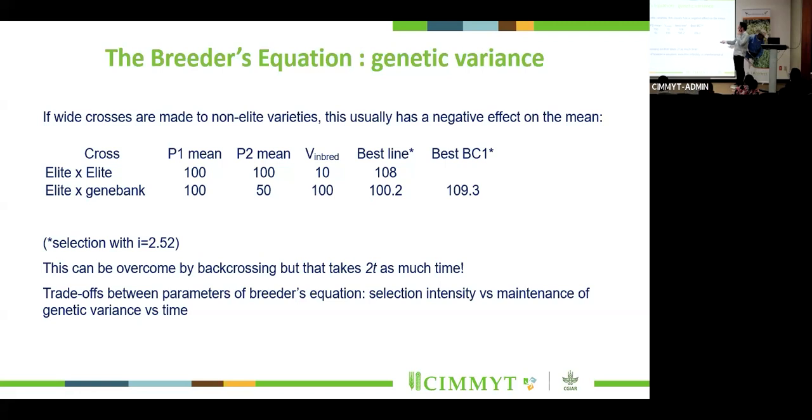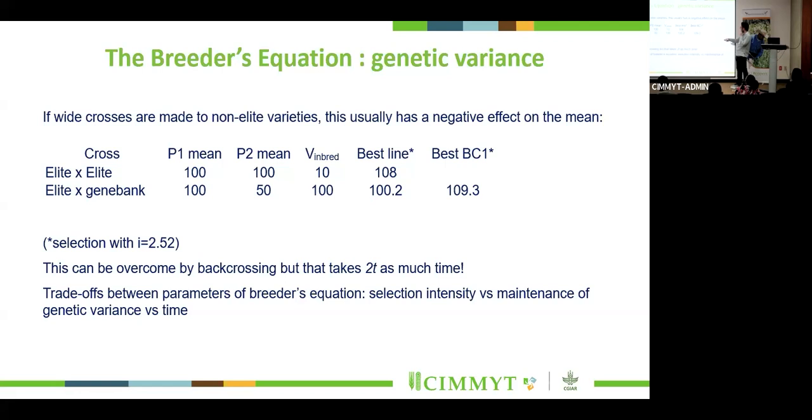The mean is 100, and then the gene bank one is half as high, but there's much more variance in this cross. Okay? So if you just make one cross, the best line you can get out using the breeder's equation with these numbers is going to be, on average, about 108. Okay? First shot at this, you're only going to just get 100.2. So that's, in one generation, much worse. But if you did a back cross, like we do when we incorporate gene bank material, we can get 100.